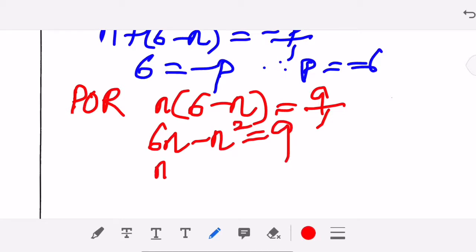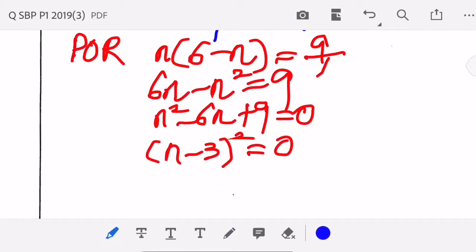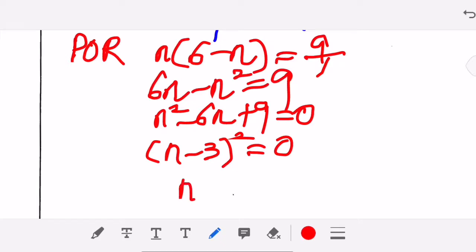Then we rearrange into general form. n squared minus 6n plus 9, because we bring everything to the right hand side so that the coefficient of n squared is positive. And then you just factorize, and you can press your calculator, and actually there is only one answer, n is equal to 3.